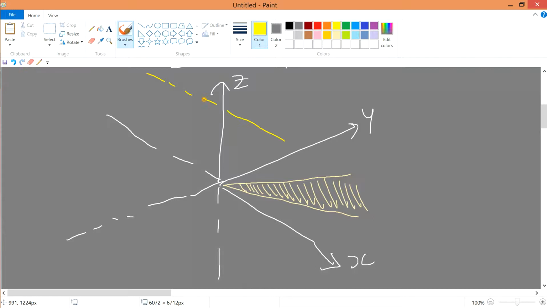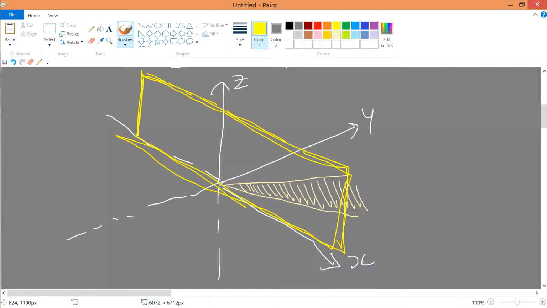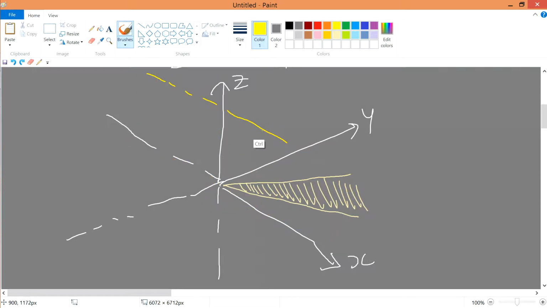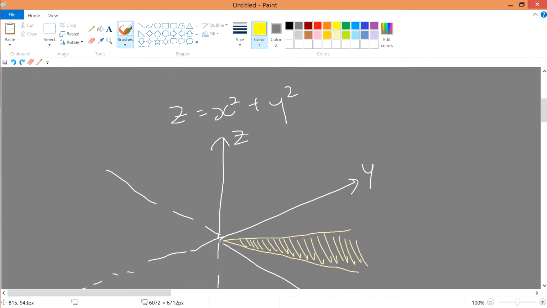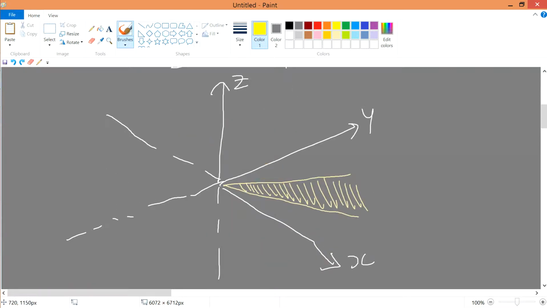We're talking about this plane, and I hope that you can somewhat visualize this zx plane. And therefore, the relationship between z and x is what? It's a parabola. So I just draw it like that. This is the parabola.